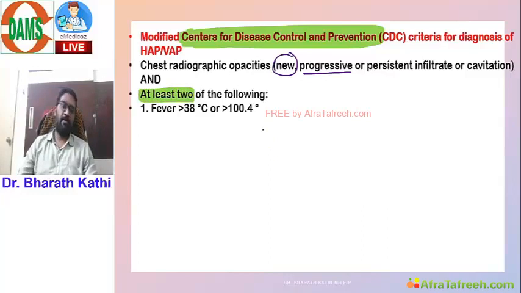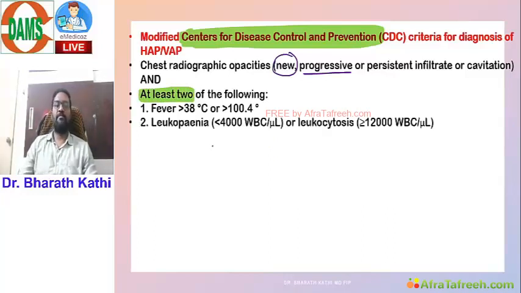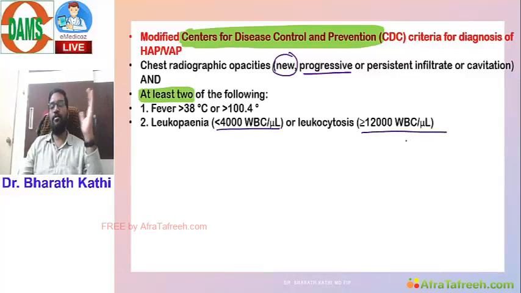Patient has developed fever. Patient is having either leukopenia, WBC count less than 4000, or leukocytosis. Both are not good. More leukocytes is not good, fewer leukocytes is also not good. All this suggests there is sepsis.